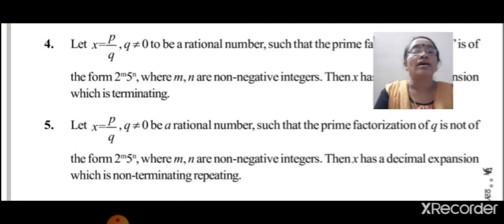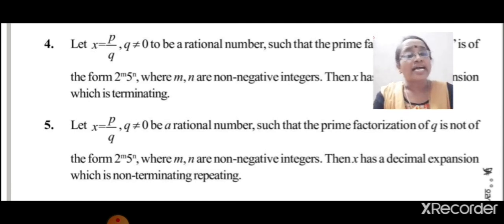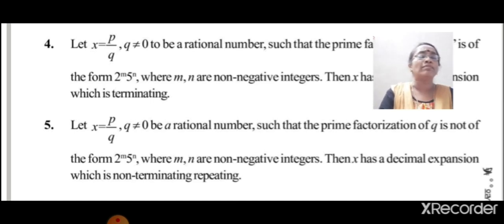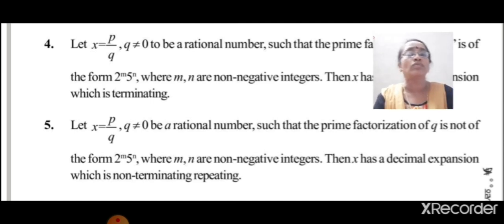If the denominator q cannot be expressed as a product of powers of 2 and 5, its decimal expansion is non-terminating, repeating.